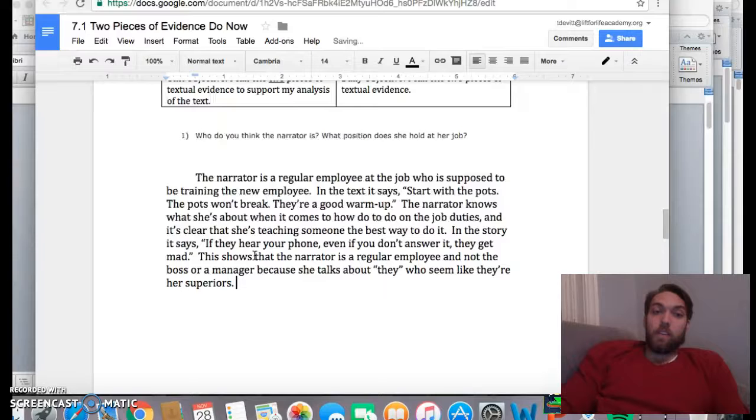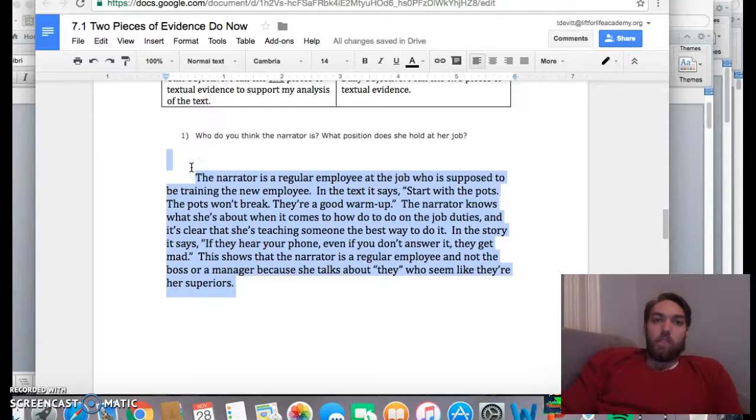Like, she's not telling this girl, don't answer your phone. She doesn't really care, but she's giving her this advice, like, don't answer it because they are going to get mad. Okay? So this would be a level 3 or a level 4 answer, where you're doing exactly what you need to be doing with claim, evidence, explanation, evidence 2, explanation 2.